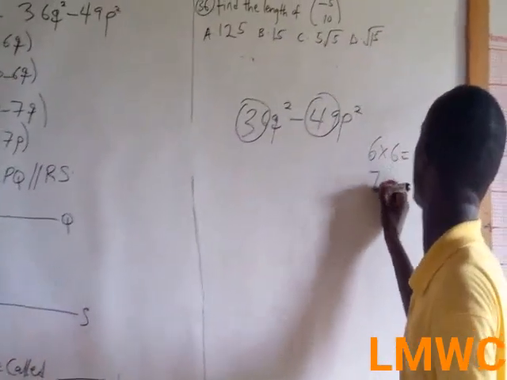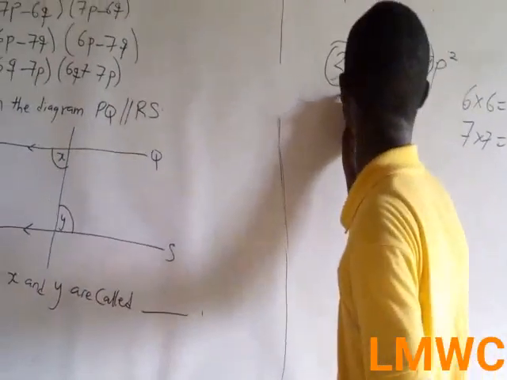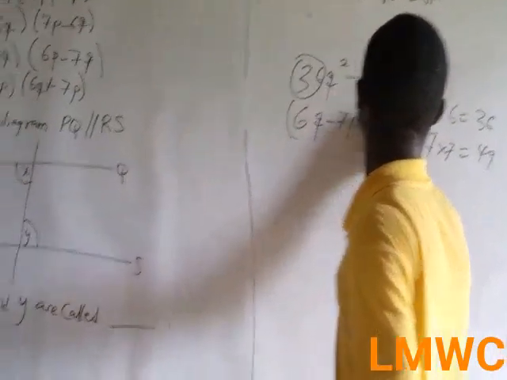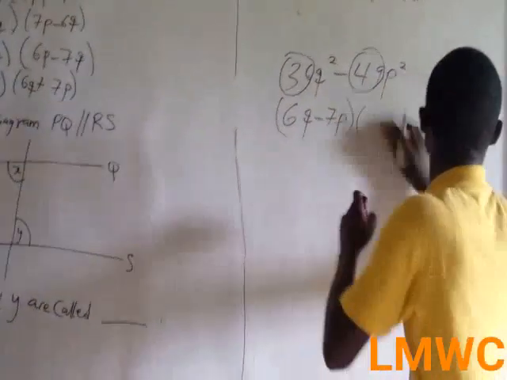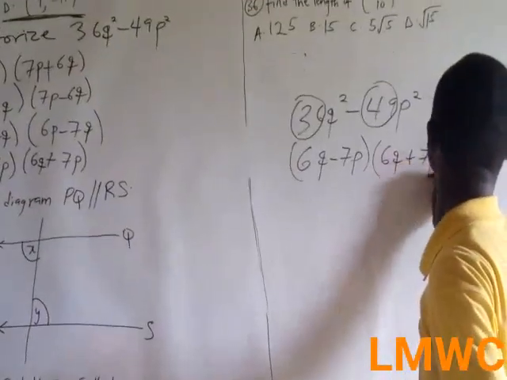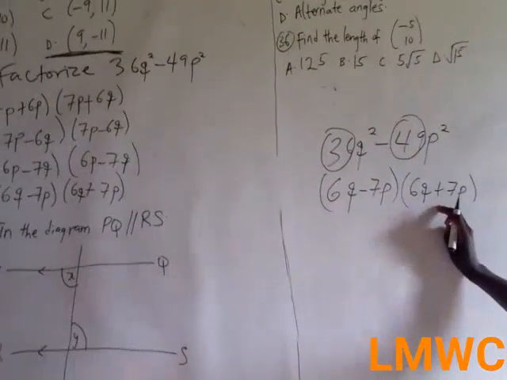And here too, 7 times 7 is what? 49. So we have 6k minus 7p, and another bracket 6k plus 7p. Once you have negated one, you will find the positive for the other bracket.